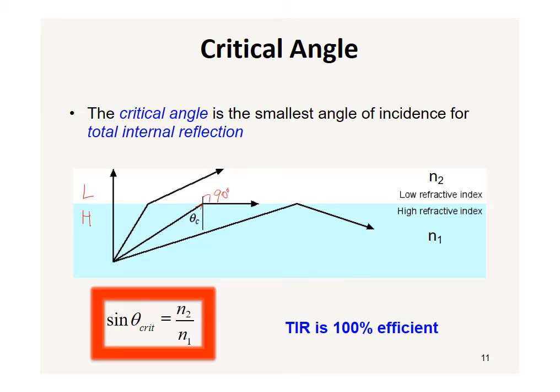And then there's no further solution because you can't find theta when sine theta is equal to a number that's greater than 1. What happens then is a phenomenon called total internal reflection. The reflectivity becomes 1, that is, it's 100% efficient.